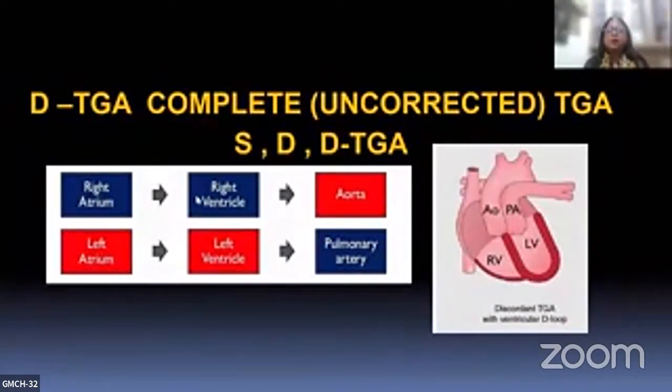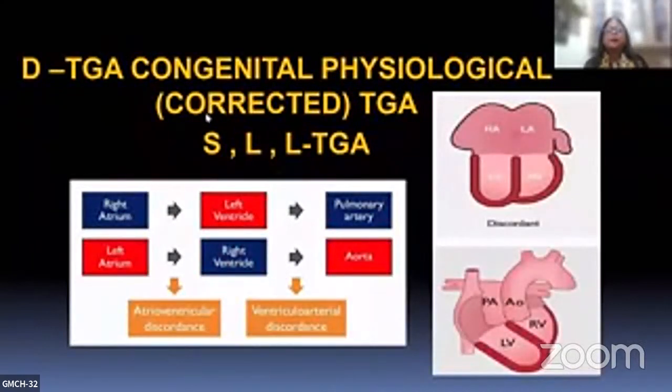So the right atrium gives to the right ventricle, but the aorta is rising from the RV. The left atrium, left ventricle, and pulmonary artery are rising from the LV, as we can see here also. This is an unconnected transposition of great vessels.